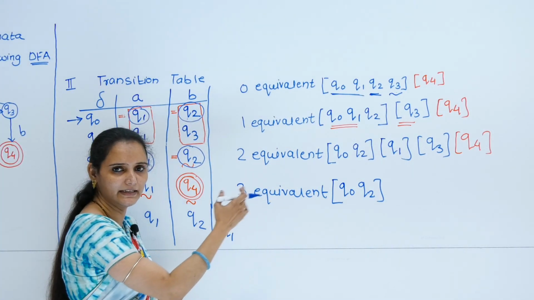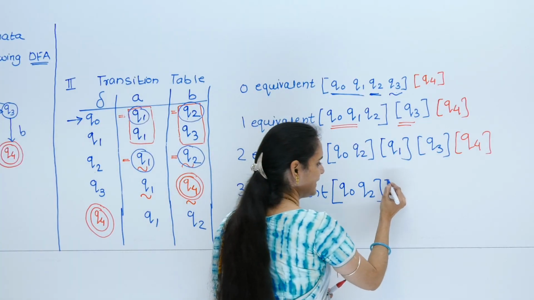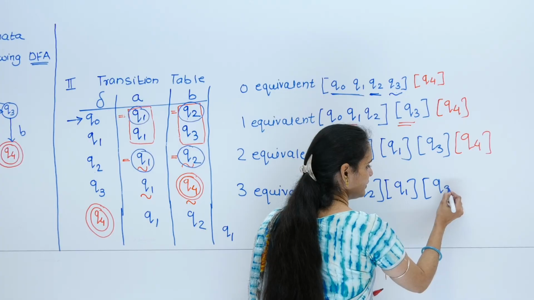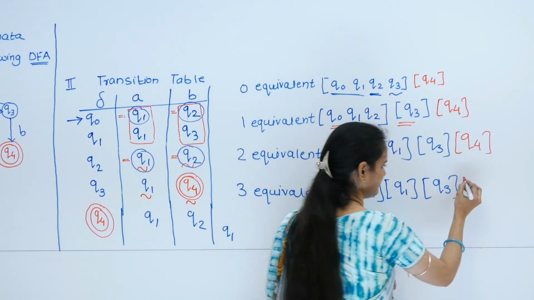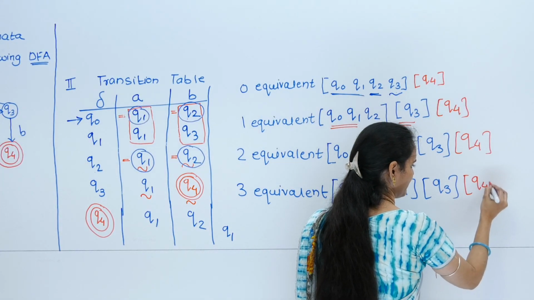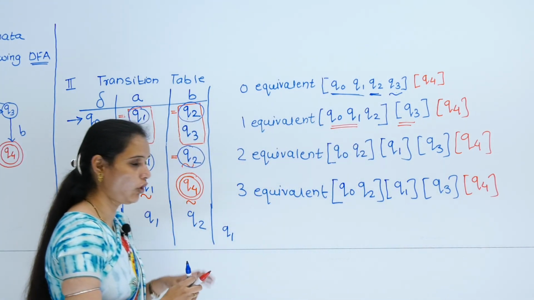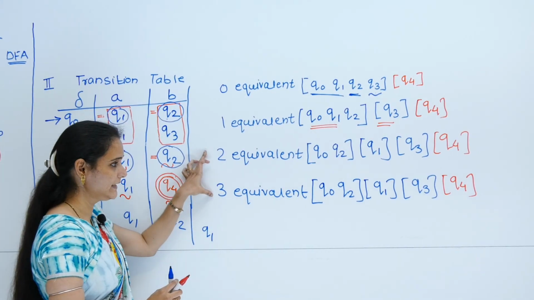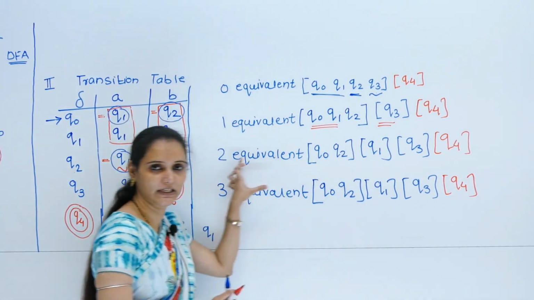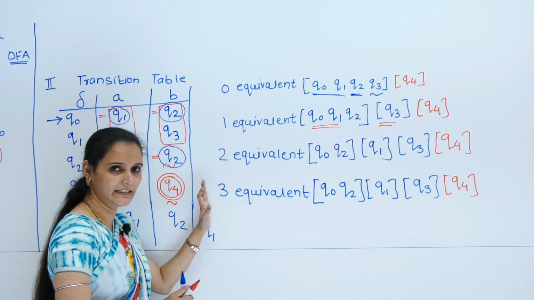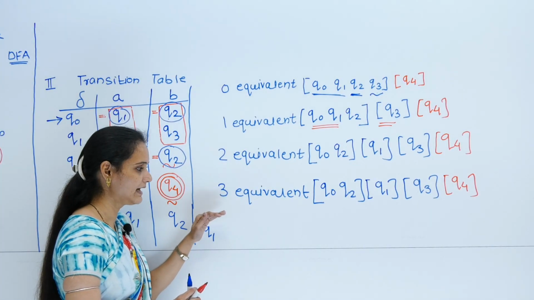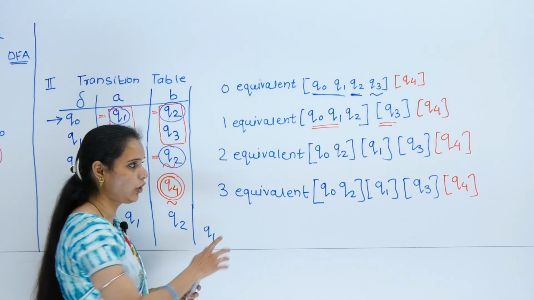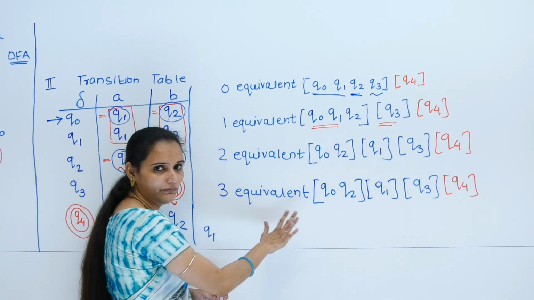What about the remaining? They have already been separated from the others, so we write Q1, Q3 and Q4. What we observe is that two equivalent and three equivalent represent the same groups. It means we stop finding further equivalents. When we obtain the same groups, we can stop.